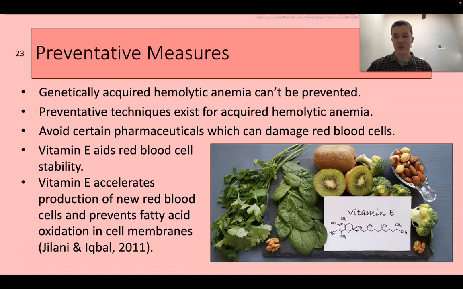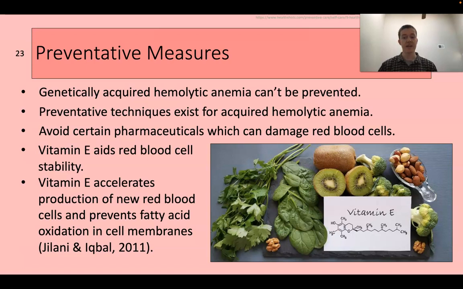And regarding preventative measures, genetically inherited hemolytic anemia unfortunately cannot be prevented. For acquired hemolytic anemia, preventative techniques do exist. Aside from avoiding certain pharmaceuticals, which can initiate immune reactions that damage red blood cells specifically, vitamin E has been shown to make a difference in red blood cell stability.